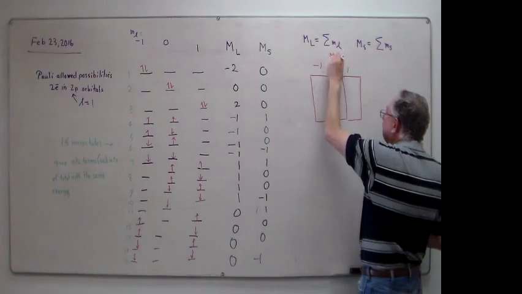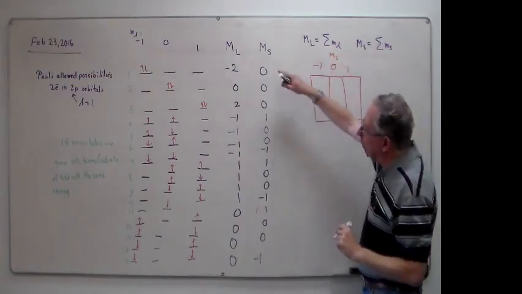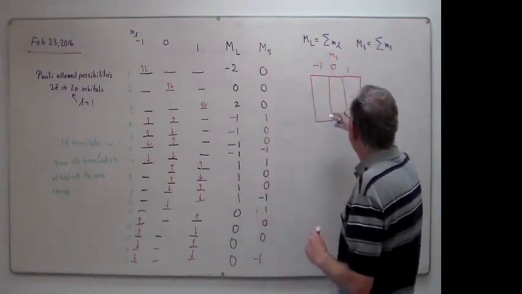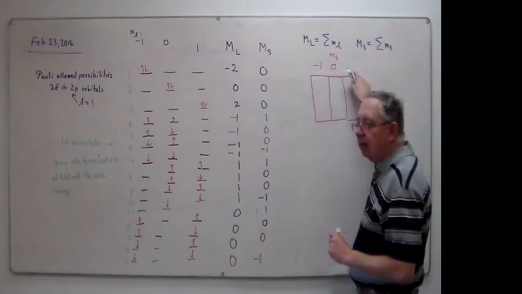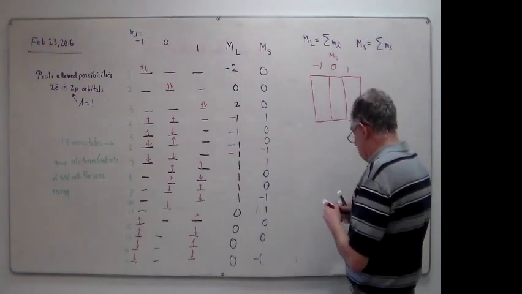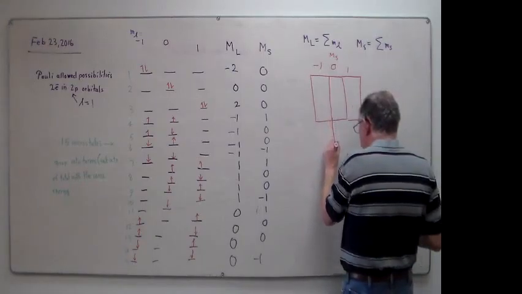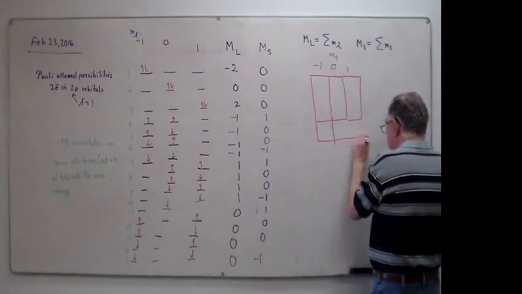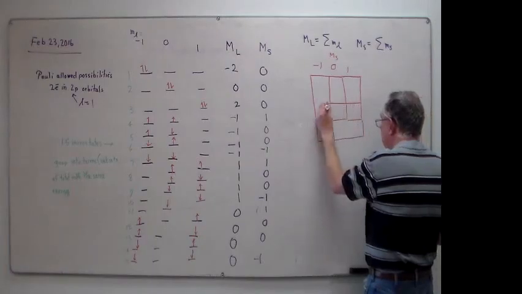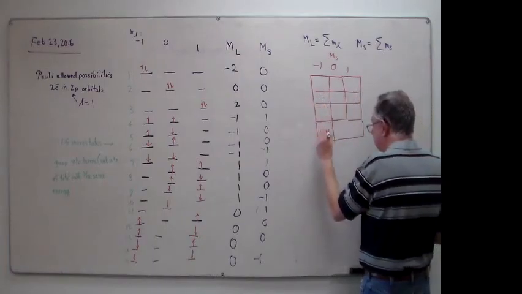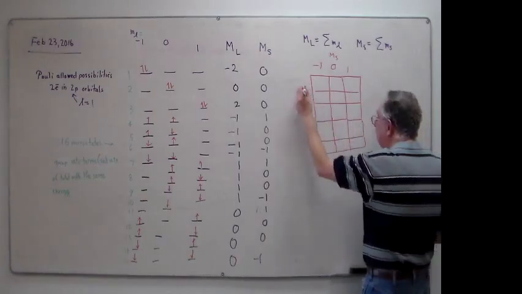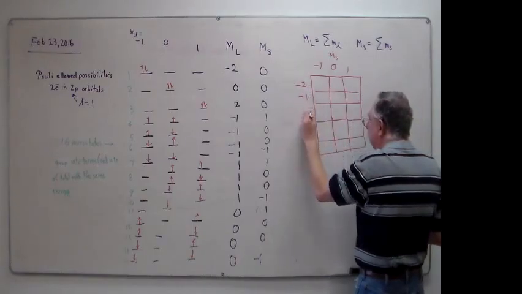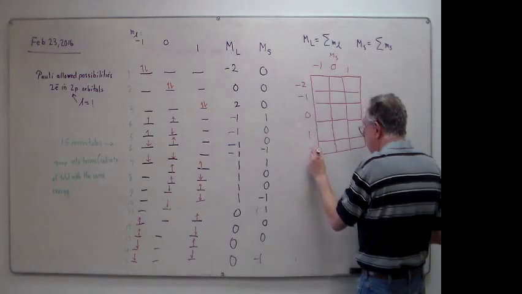M sub S among these 15 microstates goes between -1 and +1, doesn't it? And what does M sub L go through? -2 through +2: -2, -1, 0, 1, 2.